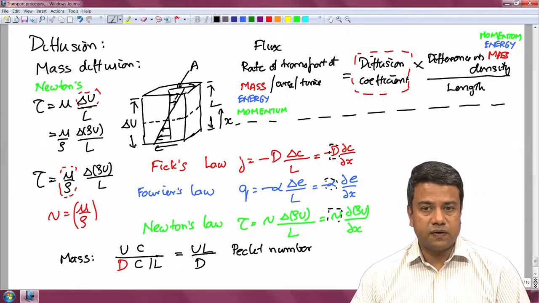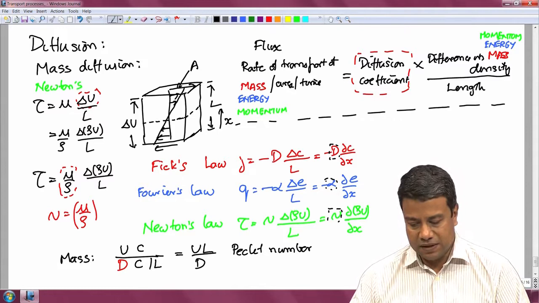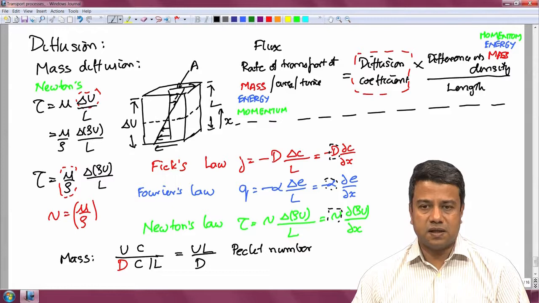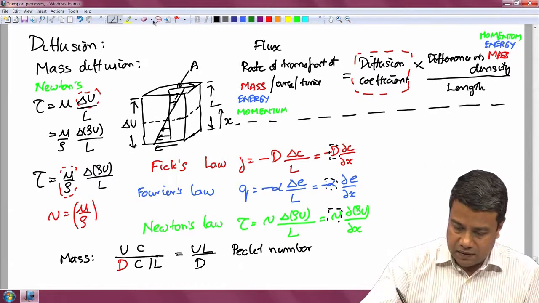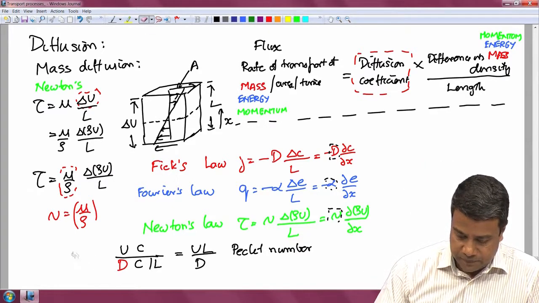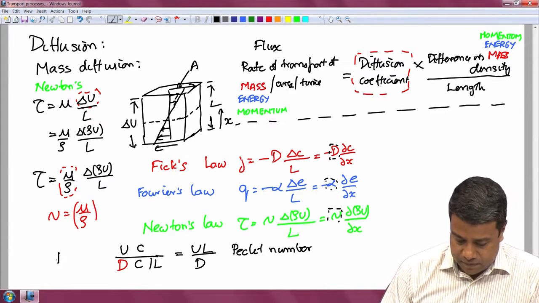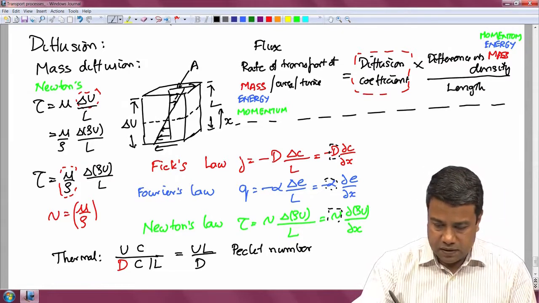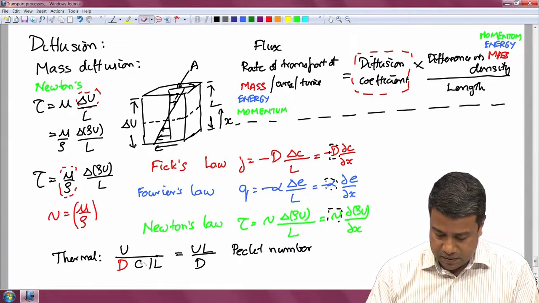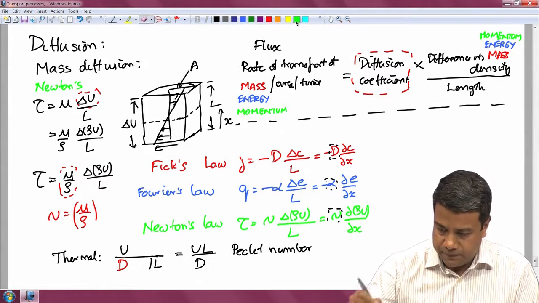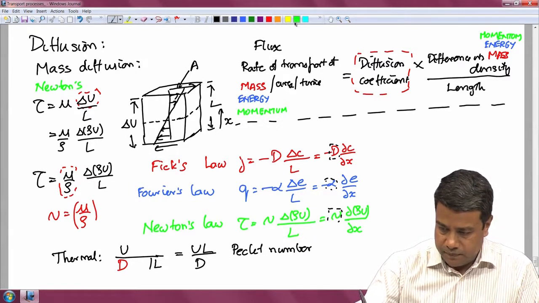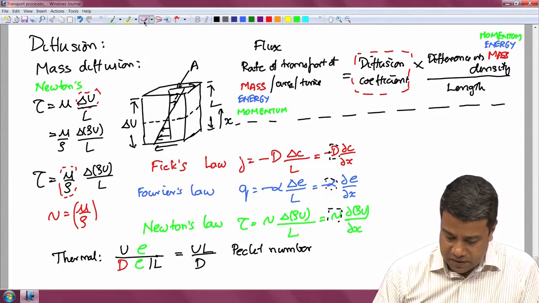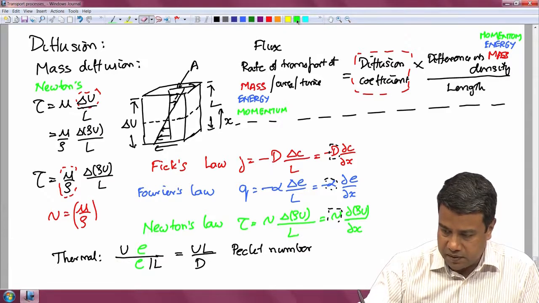The same thing I could do for thermal diffusion. In that case, the concentration has to be changed to the energy density. And I have to change the diffusivity from mass diffusivity to the thermal diffusivity.